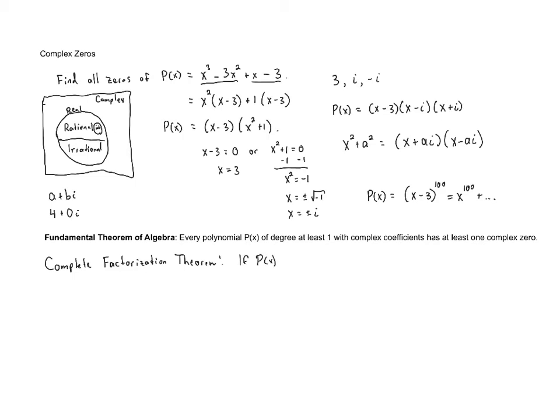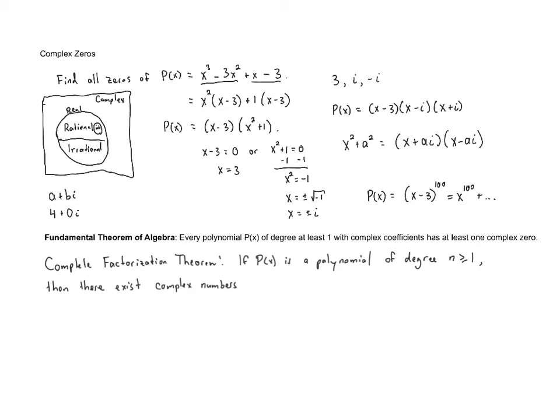If p of x is a polynomial of degree n greater than or equal to 1, then there exist complex numbers, and they could be real numbers as well. Remember that the set of complex numbers includes all of the real numbers.